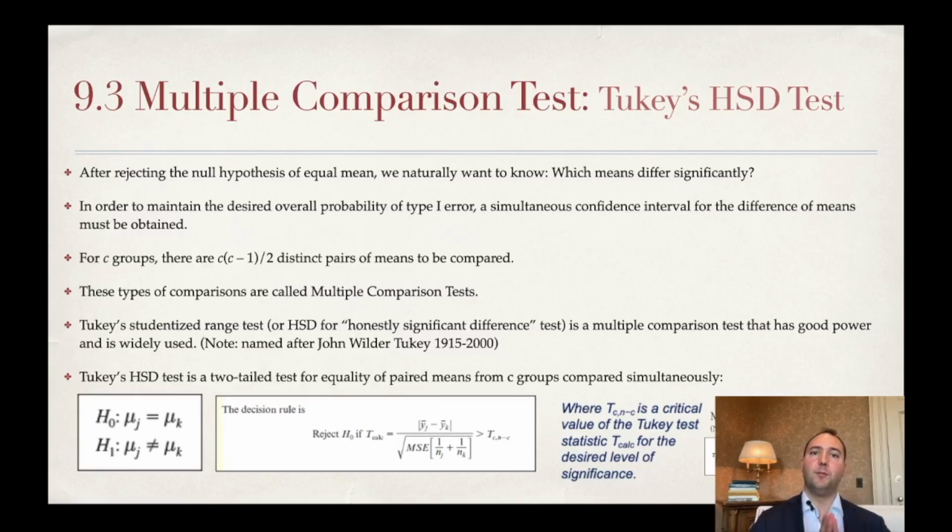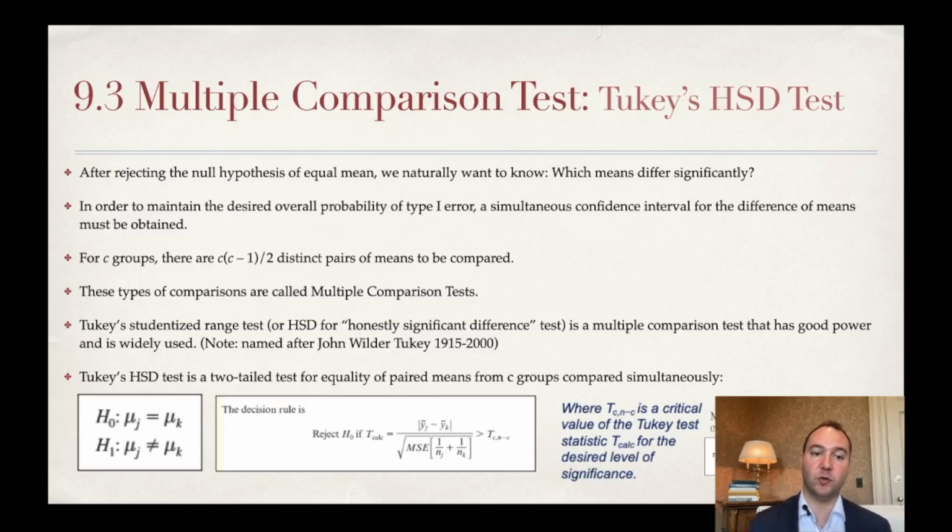In other words, the bigger C gets, the more groups you have, significantly more combinations of groups to test. These types of comparisons are called multiple comparison tests because you're comparing multiple groups together. You're comparing all pairs of groups together.